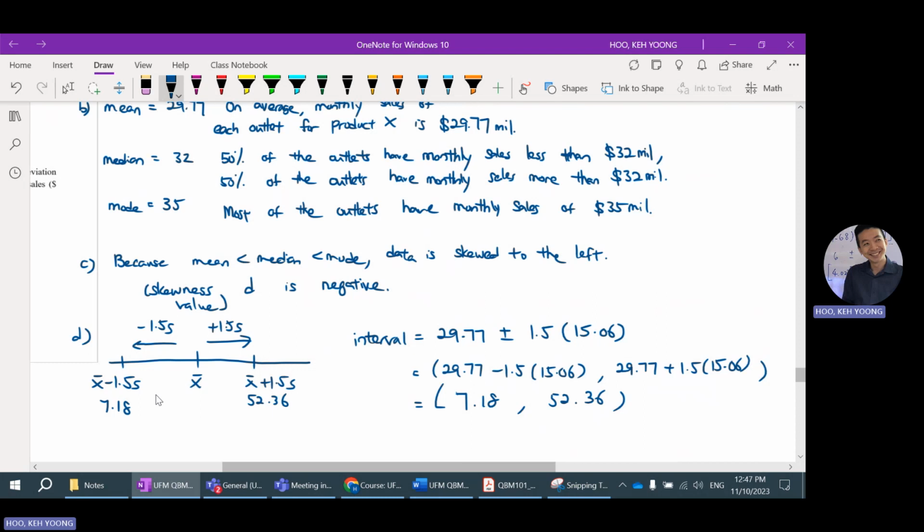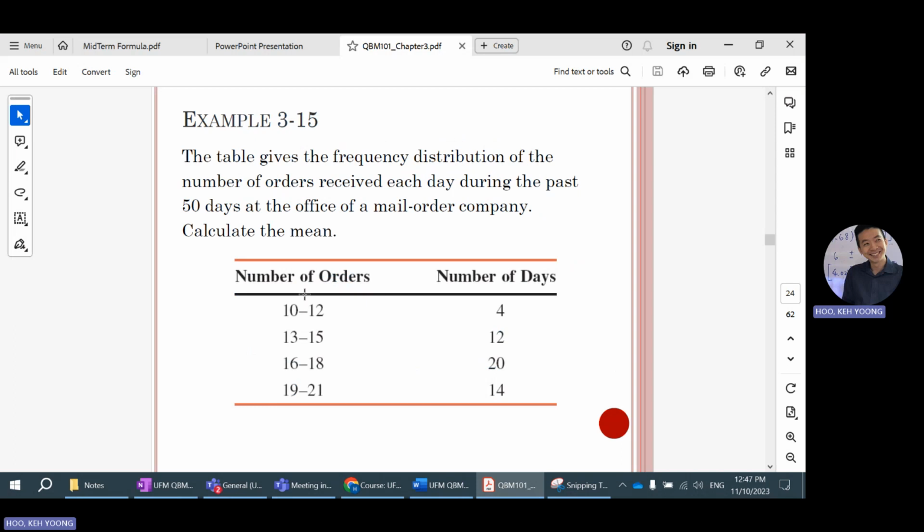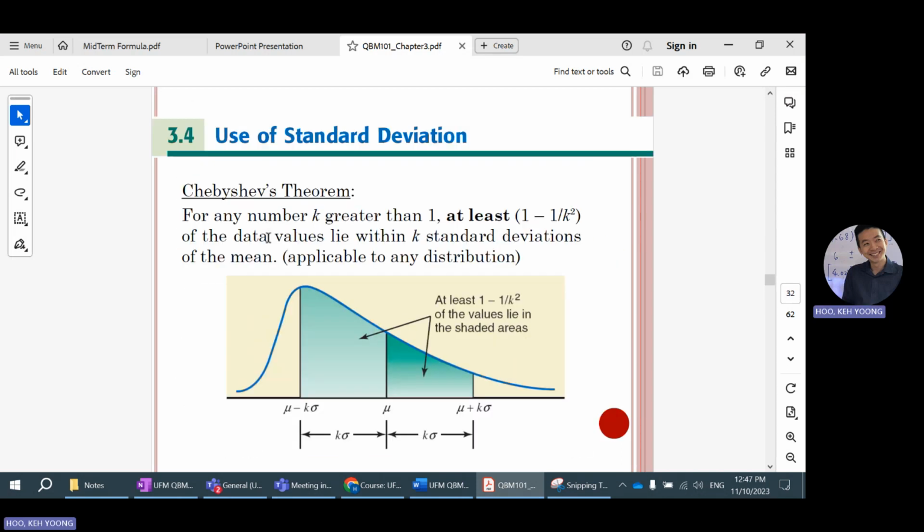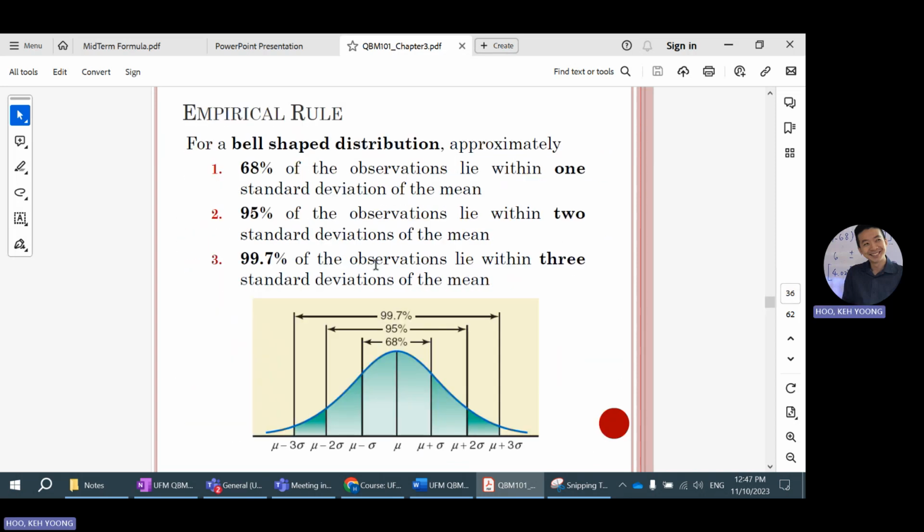After we find this interval, the question asks what percent of your data are expected within this interval. How do I find the percentage? I'm using the Chebyshev theorem. In your chapter 3, we have the Chebyshev theorem and empirical rules. When do we use empirical rules?